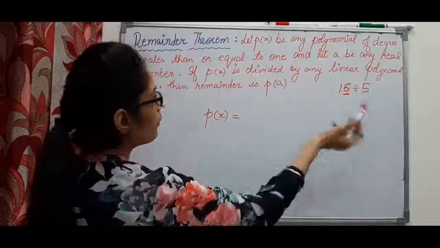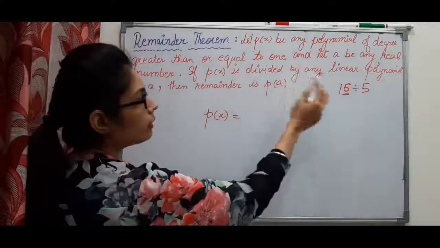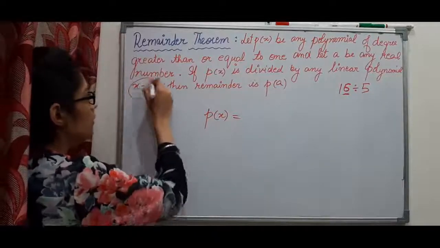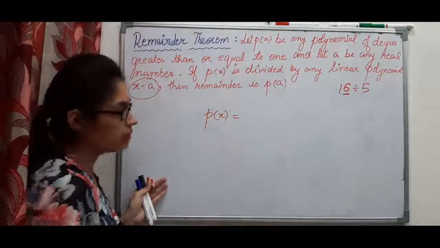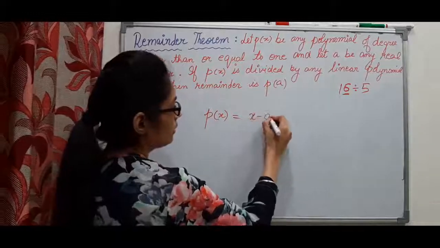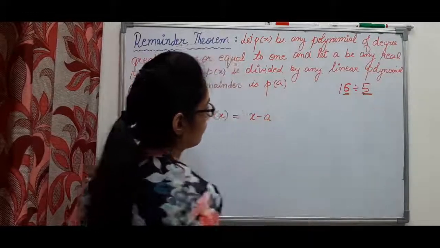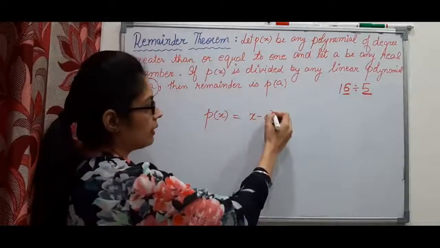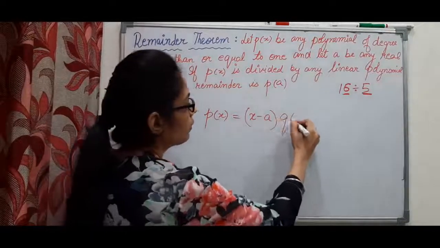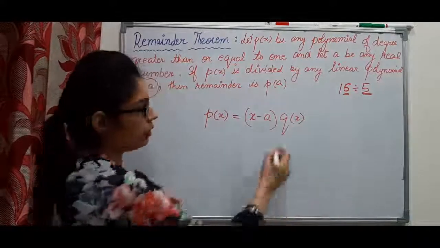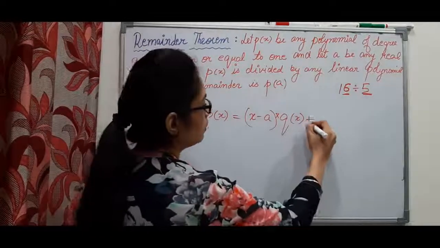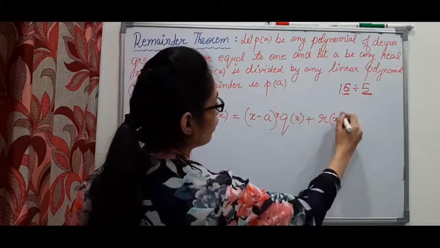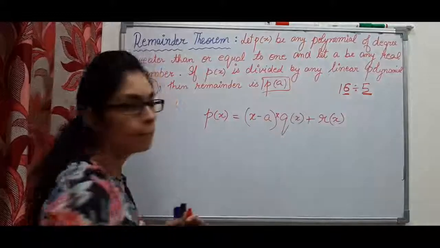Now let a be any real number. If Px is divided by any linear polynomial x minus a, then x minus a is the divisor, like this 5 in that case. So you are dividing Px with x minus a, you will get Qx as your quotient, which gets multiplied, plus r, x you can write, or you can also write this will be your remainder.